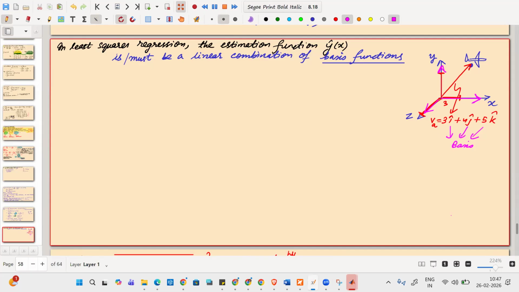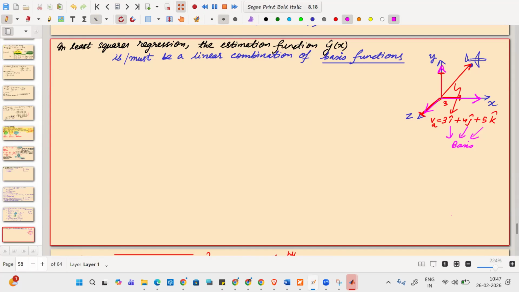Basis is something which you can use to write anything more generalized. Those are the very basic elements. But there is one property of the basis. That means it should be linearly independent. Has anyone learned about linear independence in linear algebra in bachelor's? Yes. Okay. We will come to that. Don't worry.